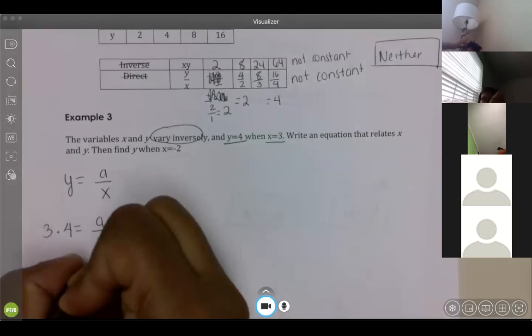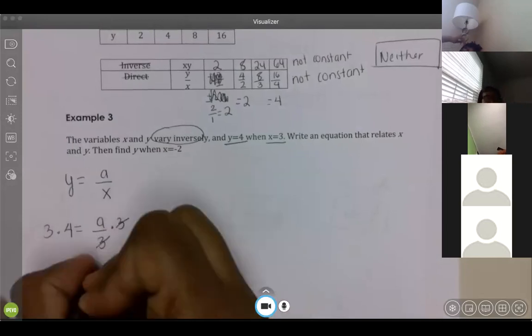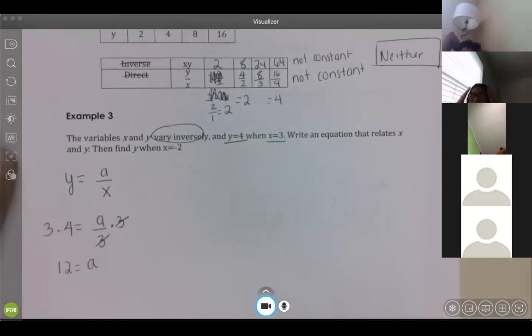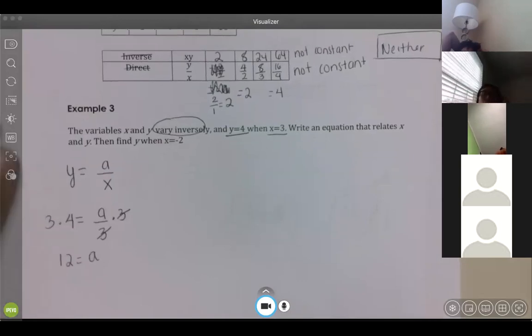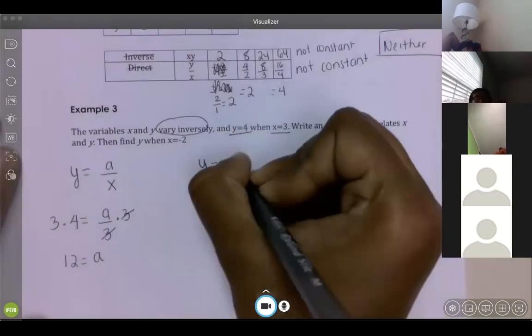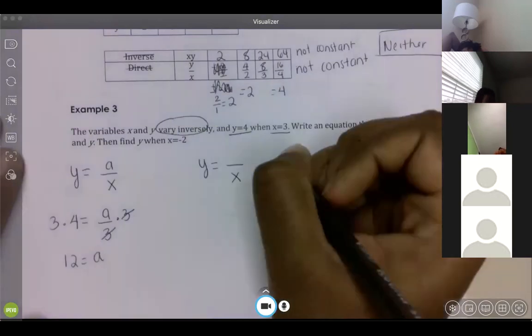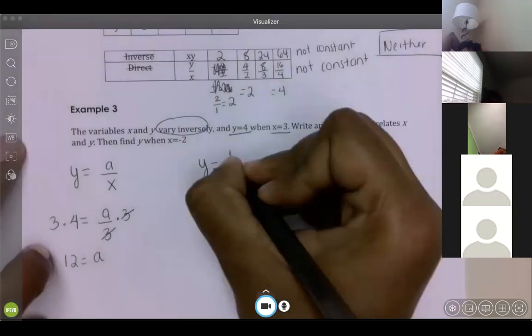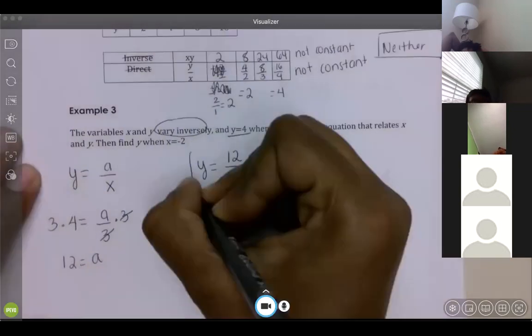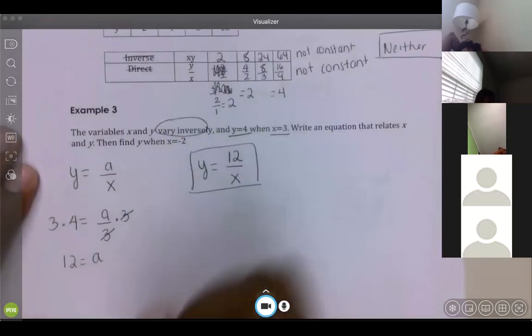On the right side, the 3's will cancel out, and you're left with a by itself. So you've got 12 is equal to a. Now you're ready to put it into the equation. Whenever you write the equation, you leave x and y as is. Don't plug in anything for those, but you're going to plug in 12 for the a. So that's the equation. Any questions about how we got the equation?